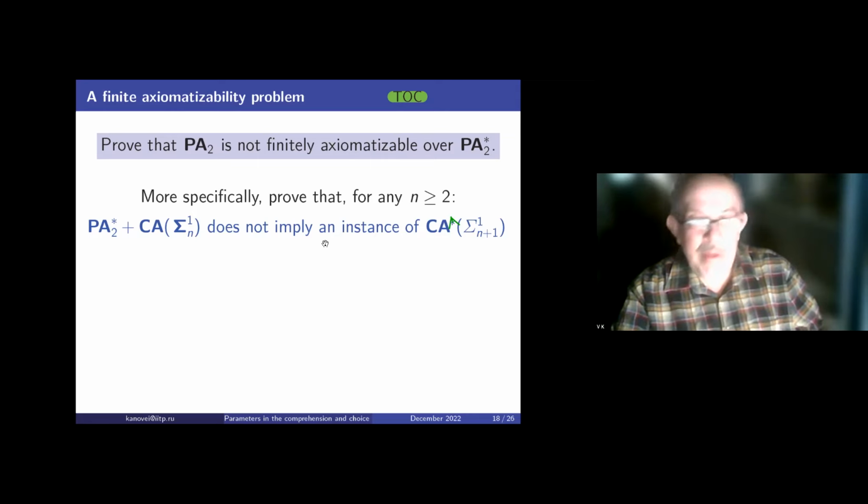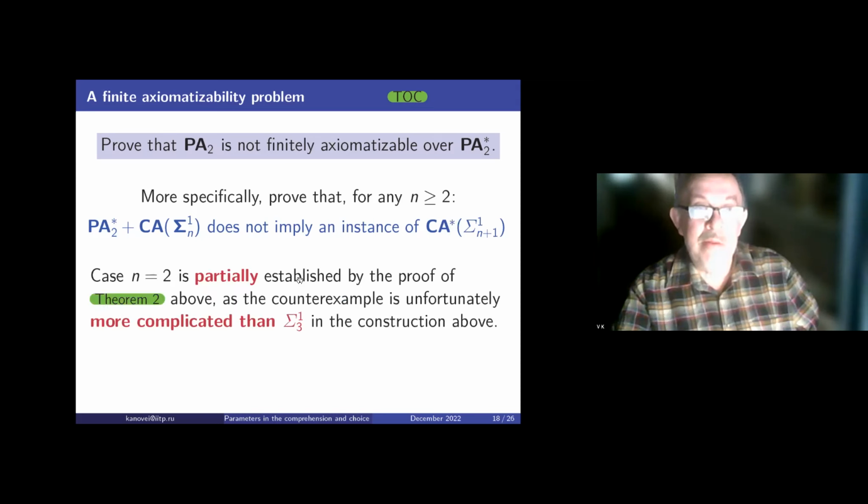This can be a very complex problem, but at least this theorem somehow partially handles the case when n is equal to 2. But the counterexample is sigma 1 4, not sigma 1 3.